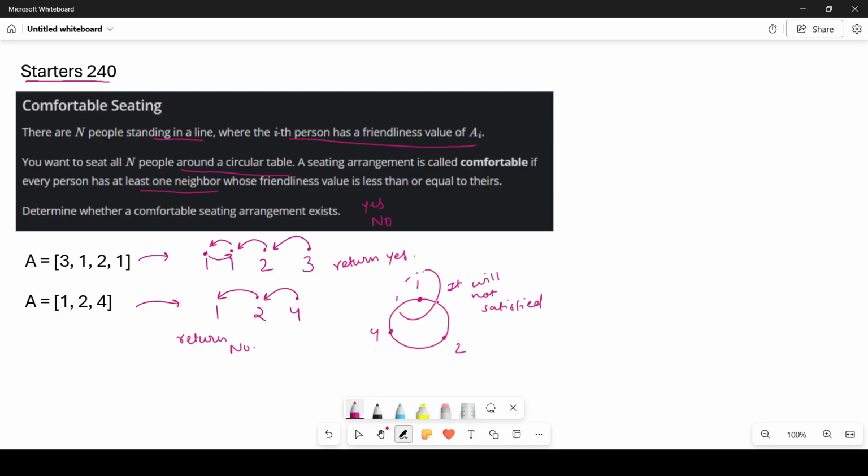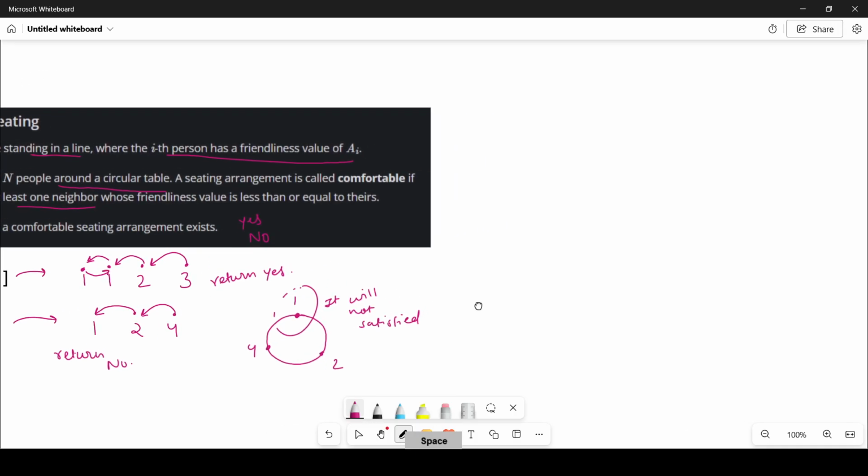I hope you got the intuition. The intuition is simple. First, sort the array in increasing order.